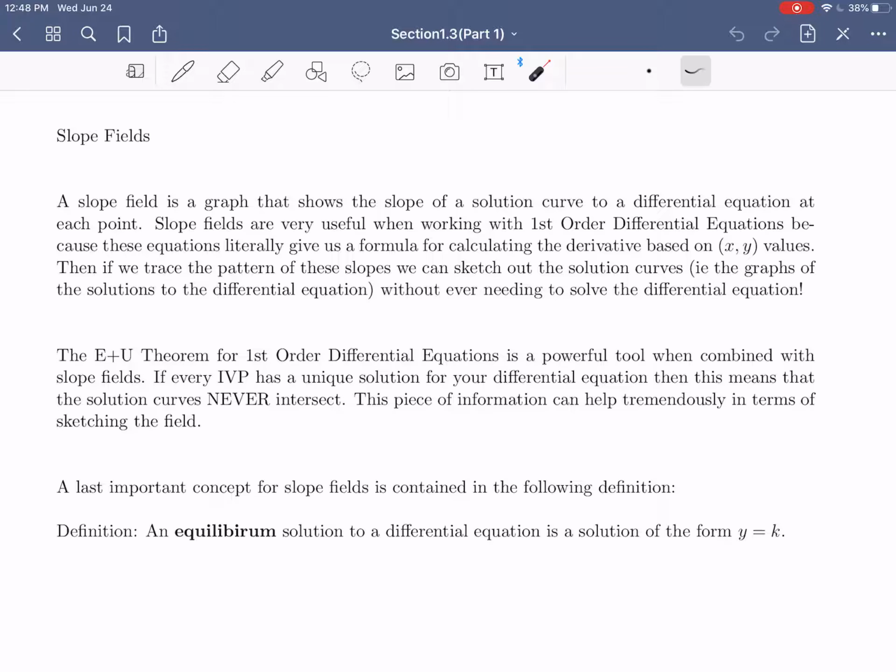Because if two solution curves intersected, they would both solve the IVP at that point of intersection. So if you can use the theorem to show there are always unique solutions, every solution curve is separate and does not intersect the others. That can make things much easier when drawing in a slope field.